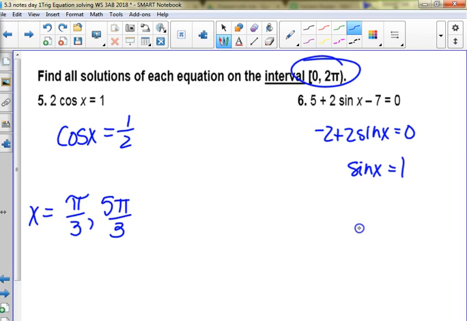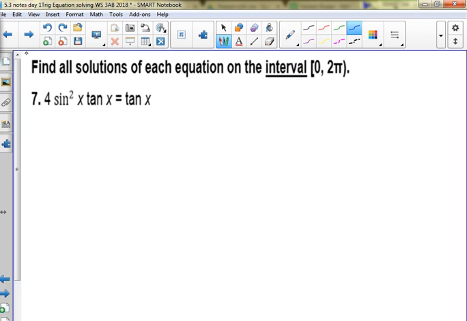And that actually only happens at pi over 2. We good? Only one solution for that one? Sine is +1 only once. All right. Still with the interval business, but this is looking funky.